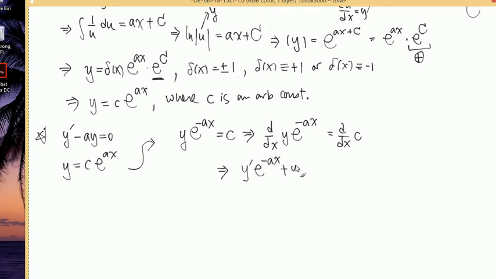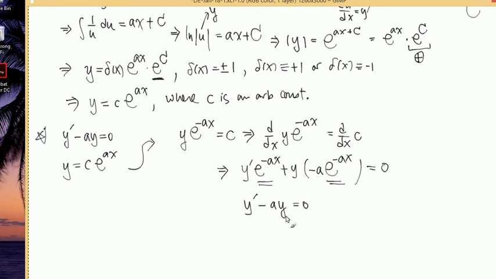What do you get? Negative a multiplying y times e to the negative ax. Is that right? That is equal to 0. What's interesting about the exponential is that when you differentiate it, it's always there, and you know it's non-zero. Non-zero. And then we can cancel that, right? Then what happened? y prime minus ay equals 0.